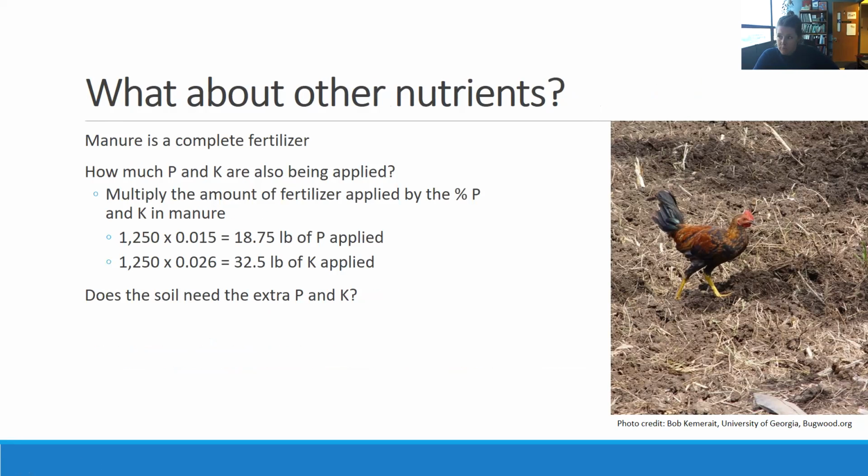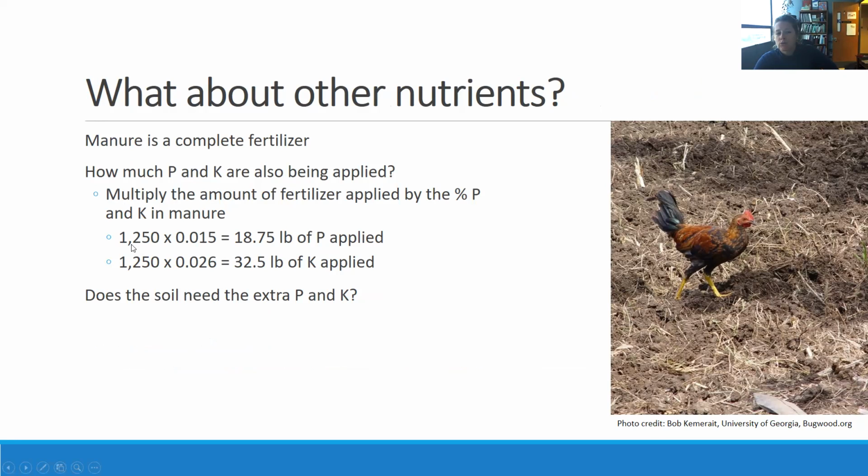So manure is a complete fertilizer, so you're applying P and K as well as N, even though you may not need it. So just out of curiosity, just to show you how much P and K you would be applying.